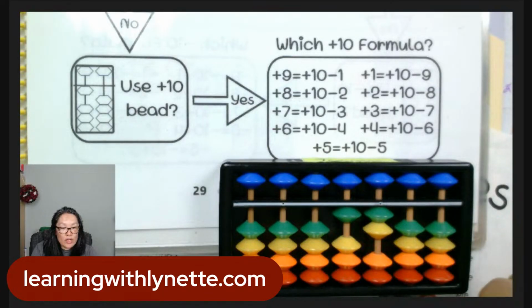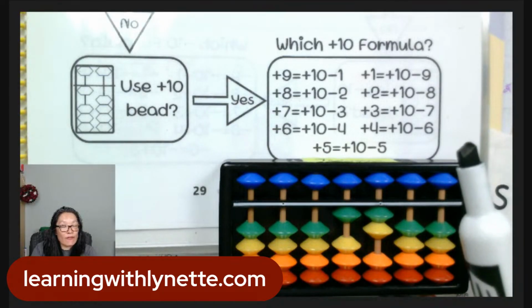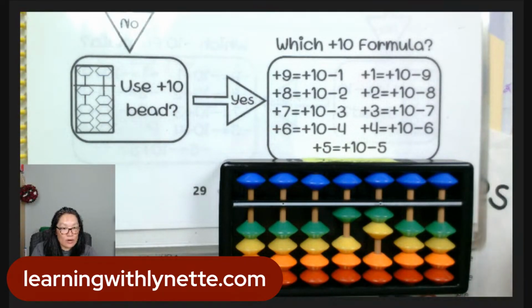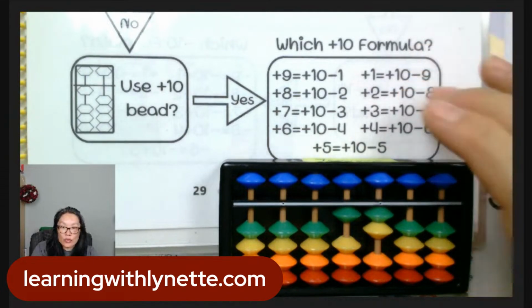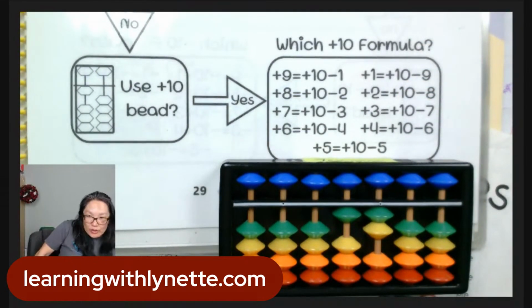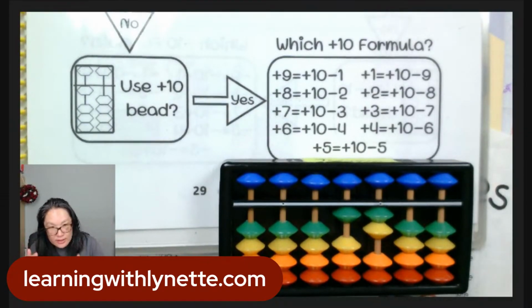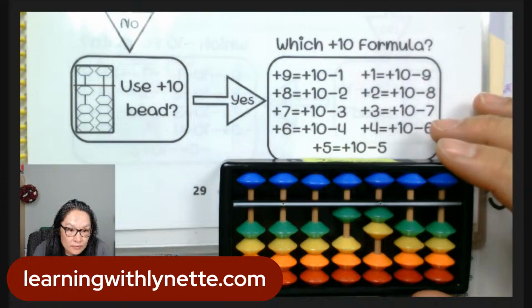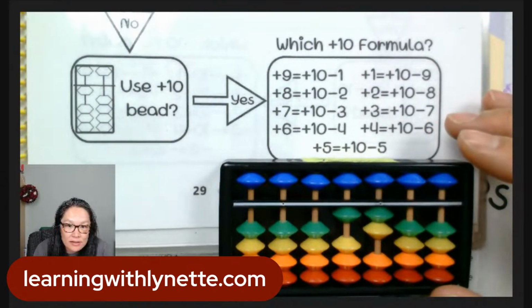So my final answer is 12. Did that make sense? But the biggest thing is to go through the framework, the abacus framework. As we go through the abacus framework, it's a process.